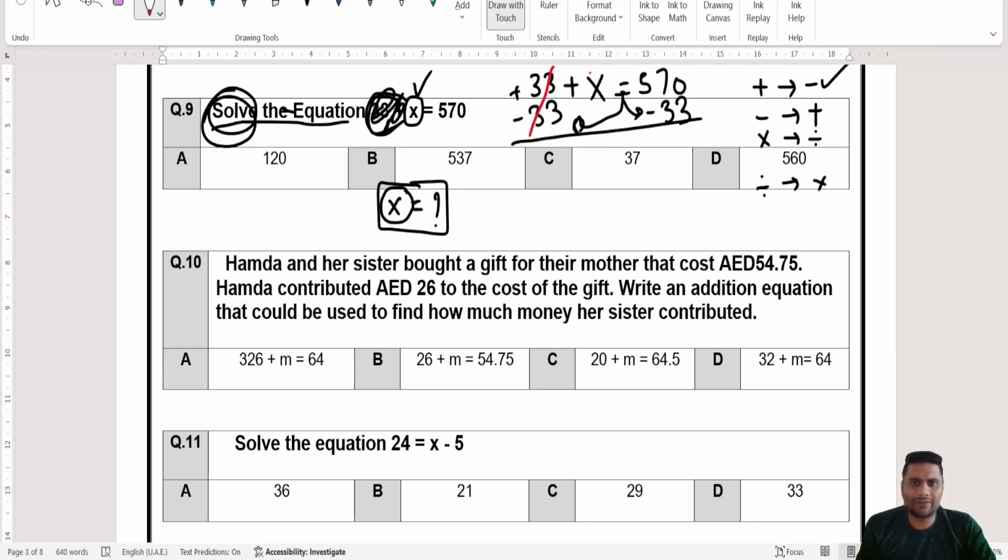What do I have here now? Only x, that is x equals 570 minus 33, which will be 537. Easy. So my answer is 537, option number B. Okay, let me just erase it quickly.